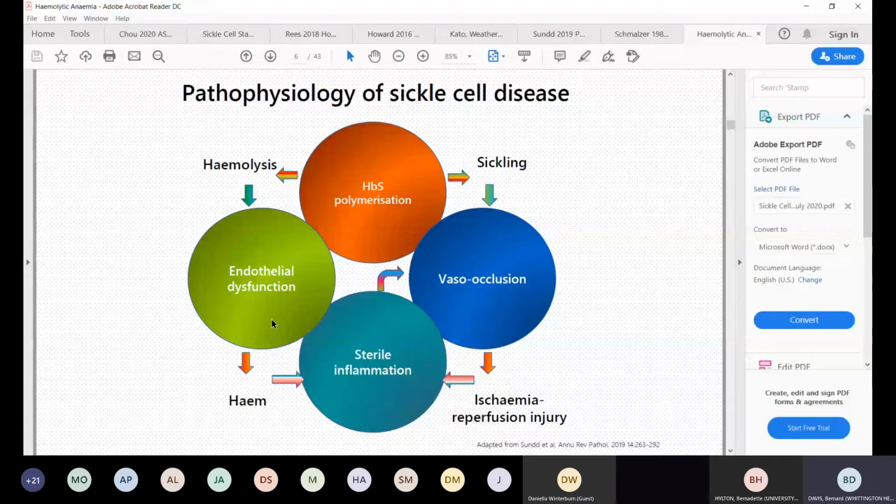And the consequence of all of this is that these patients have ongoing inflammation, which of course feeds back into vaso-occlusion and reinforces the process. So it's extremely complex. One of the good things about this complexity is that it allows various points of this process to be targeted in terms of treatments.